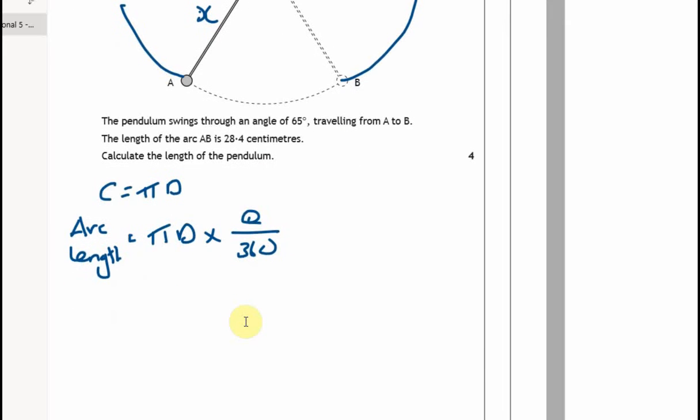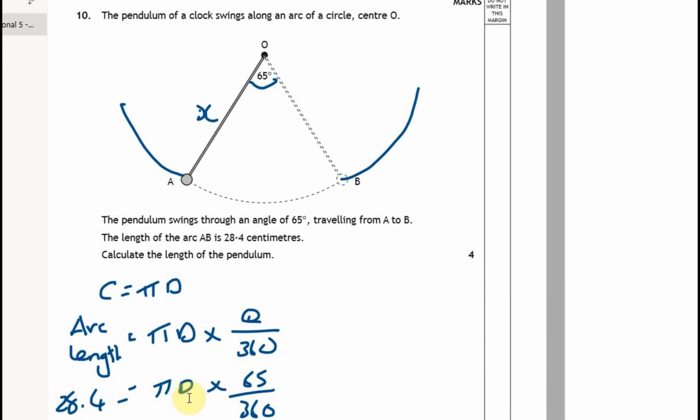So first things first, I would do theta over 360. So pi d times 65 over 360, and that's going to equal the arc length of 28.4. Now we want to work out d.